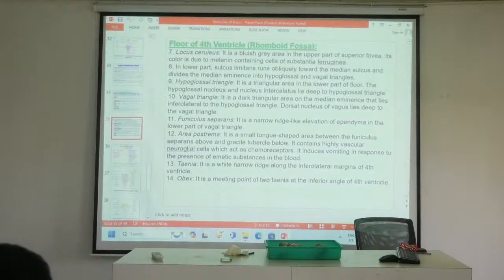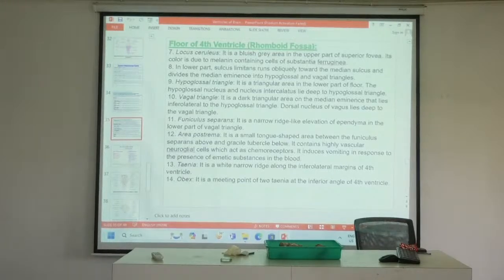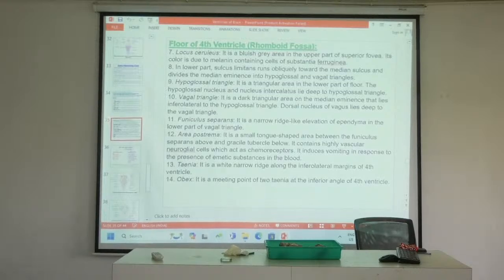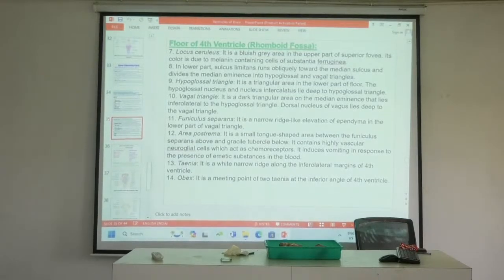Next are the funiculus separans. It is a narrow ridge-like elevation of ependyma in the lower part of the vagal triangle. Next is the area postrema.